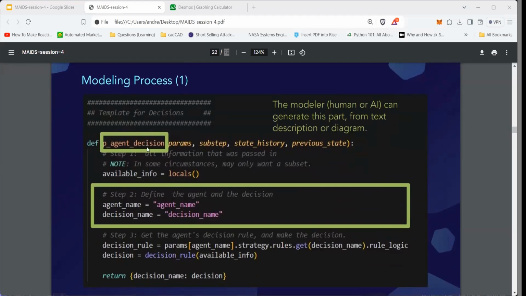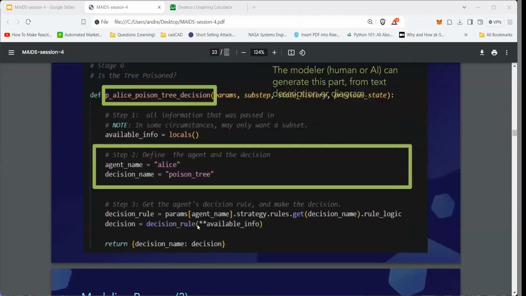This could even be something that AI might be able to do from a verbal description that's copy pasted in like a document, and then they identify, okay, these policy functions correspond to agent decisions. This agent is making this decision, and that's all the information that needs to be added to complete that structural part of the model.